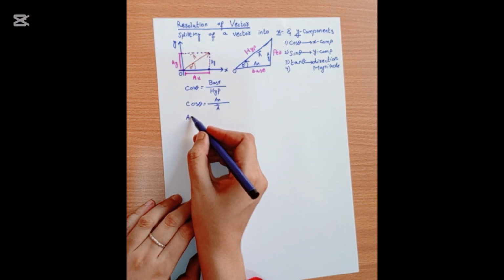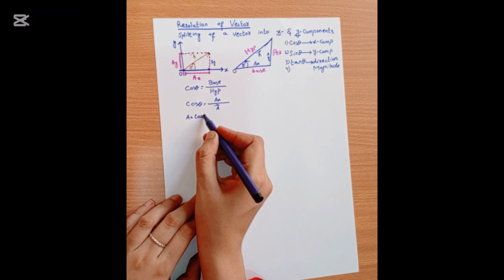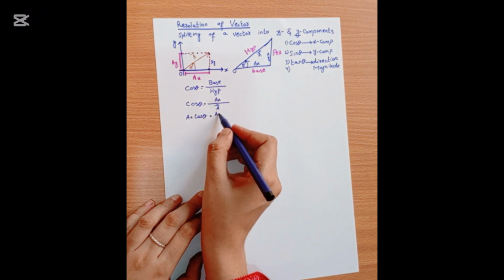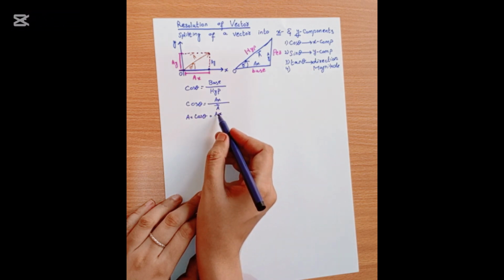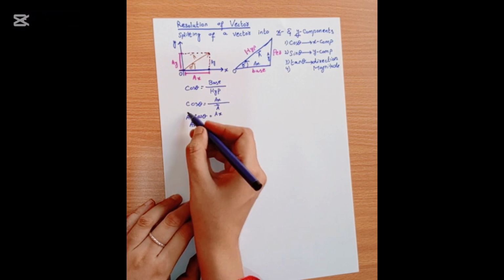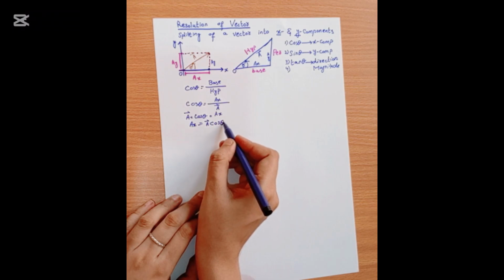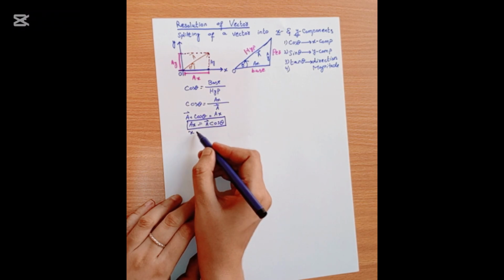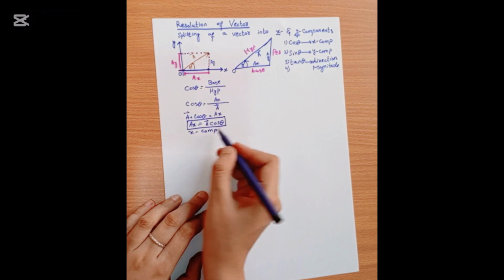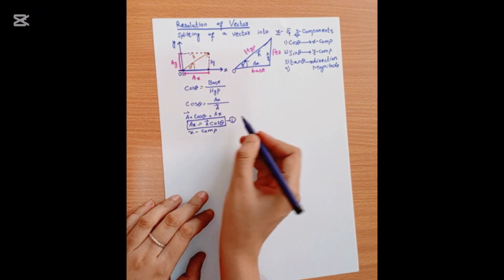When I will shift it, it will multiply with the cos of theta and AX. Now on one side of the equation I have AX, and on the other side I have vector A cos of theta. This is called x component. So this is equation number 1.